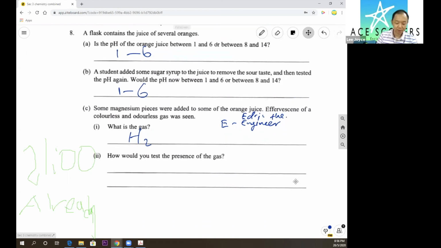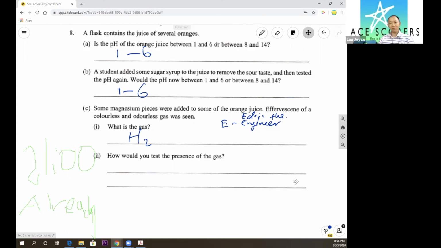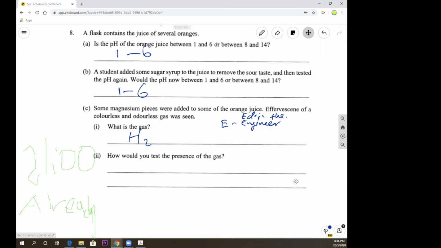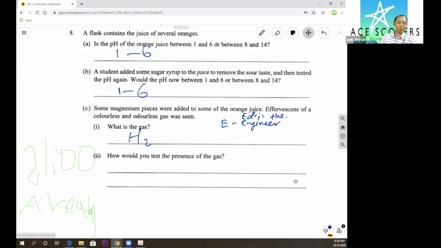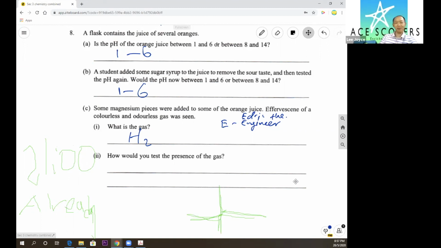How to test for hydrogen gas? Upward delivery tube. We did the experiment before, the candle thing. Then in the classroom we got some sound. A pop sound.